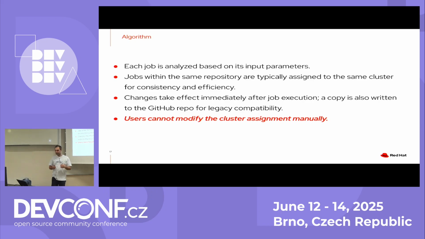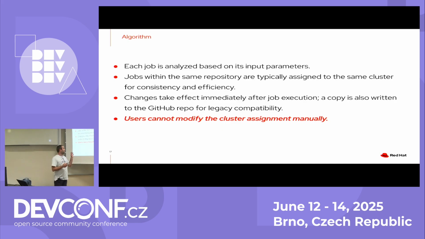Changes are committed immediately after job execution. So we assign a cluster, and when the algorithm assigns the cluster, the job is assigned. That goes to the persistent volume claim for the history, but we are also writing a copy of that into a GitHub repository for legacy reasons.